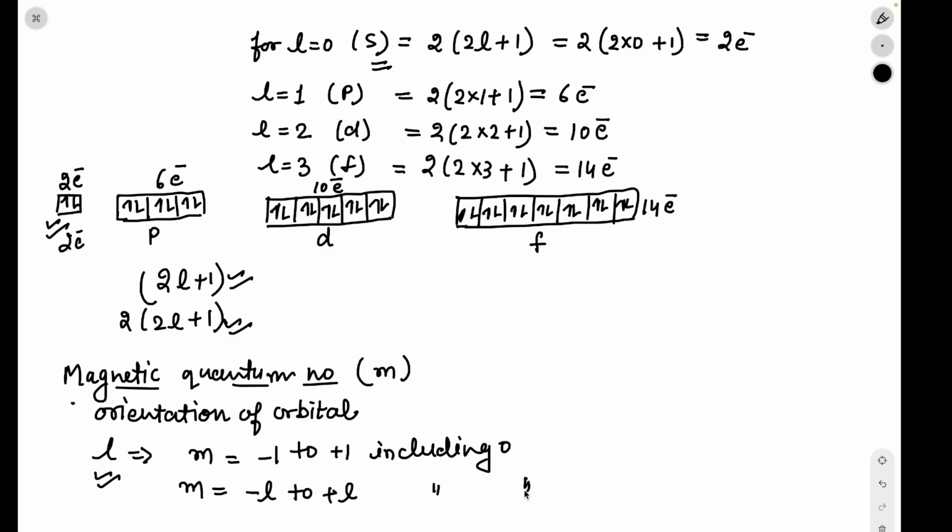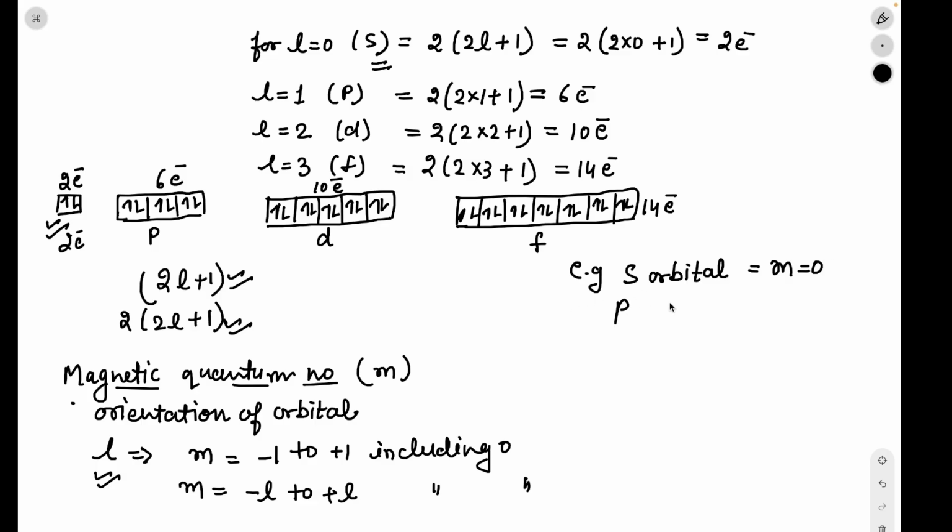It helps us distinguish between orbitals of the same type, that is the same L, but pointing in different directions. For example, for the S orbital, m will be 0. That is only one orientation.